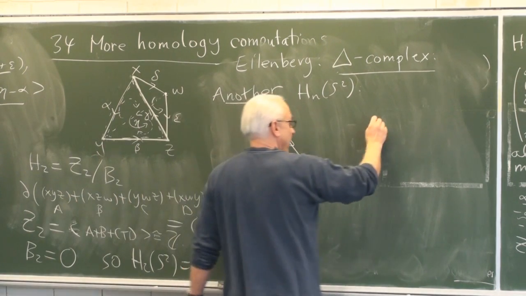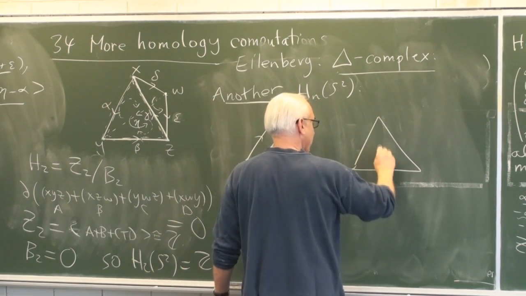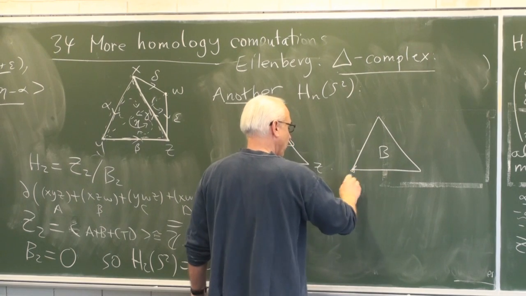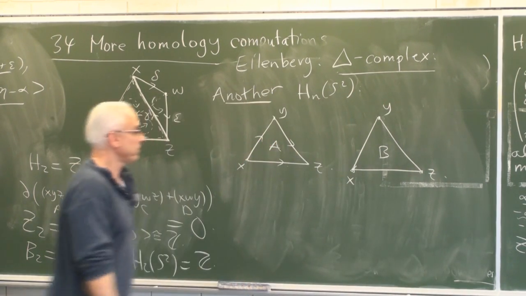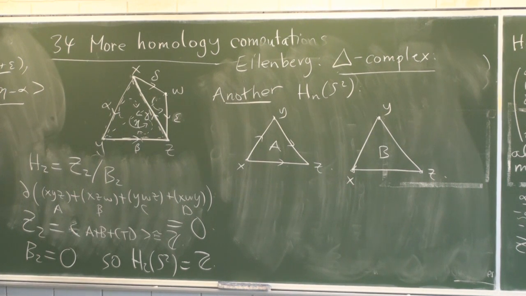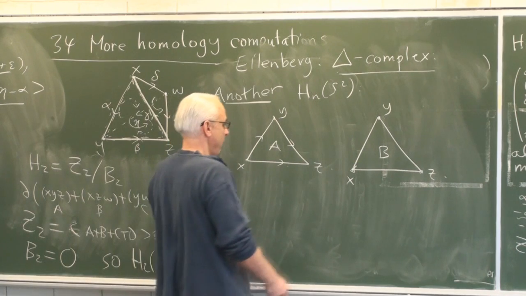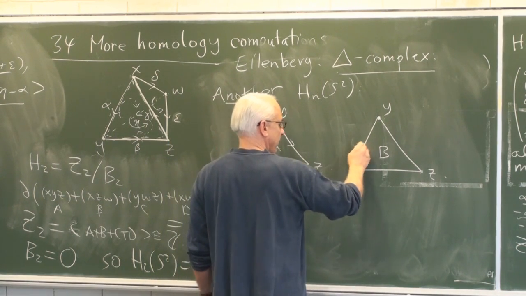And then we have another simplex B, whose vertices are also x, y, and z, and maybe we'll orient it in exactly the same way.